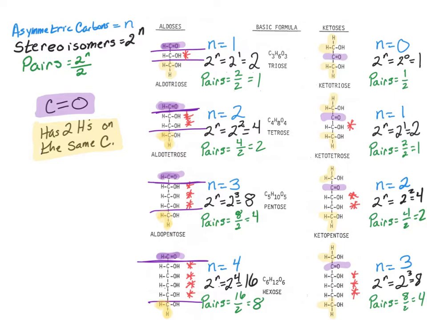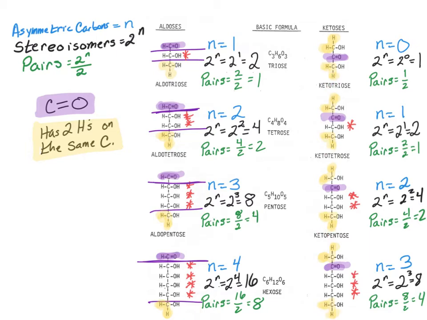And now let's look at the ketoses. So when we look at the ketone, we know that the ketone is not asymmetric because it has a C double bond O, 2 bonds to the same oxygen. Now let's look above it and notice that that carbon is never asymmetric because it has 2 hydrogens on it. And if we look below, we see that anything below it will normally have asymmetric carbons, and then the very bottom one is not asymmetric because it has 2 hydrogens again.